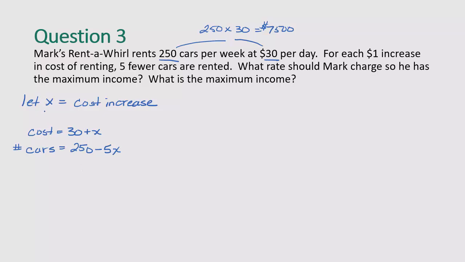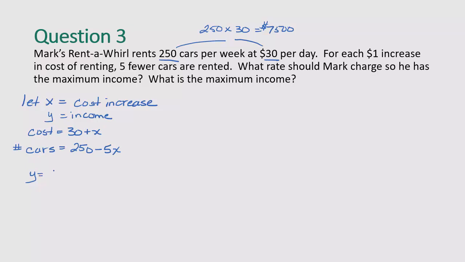So let's go over that again. X is the cost increase, so my cost becomes $30 plus whatever I'm increasing it by. And then the number of cars becomes 250 minus 5 cars per increase. So to get my income, which is Y, I should have defined that up top.